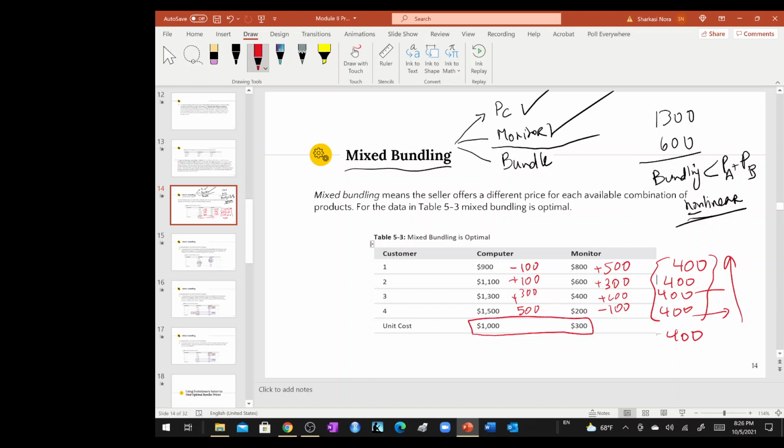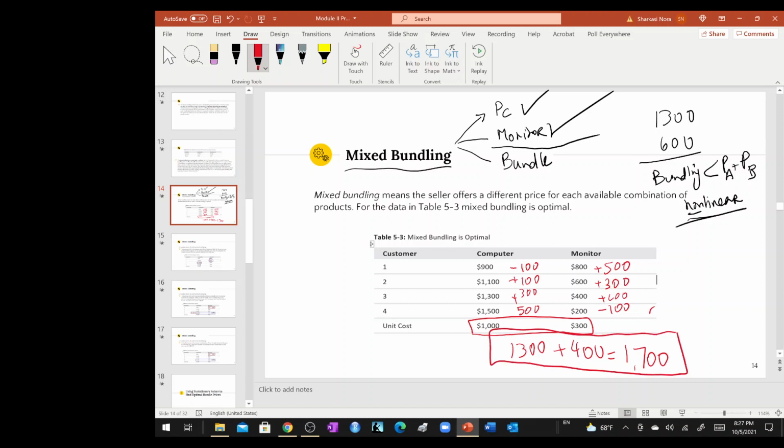So basically you're gonna say, I'm gonna sell it for 1,300, which is the total cost, plus 400, which is equal to 1,700. Let's imagine. So this is the bundle price. Before I move forward, this is how you find it. So the bundle here is 1,700.